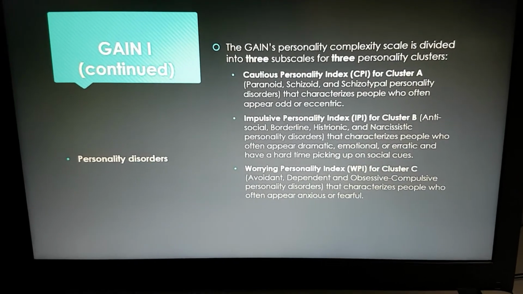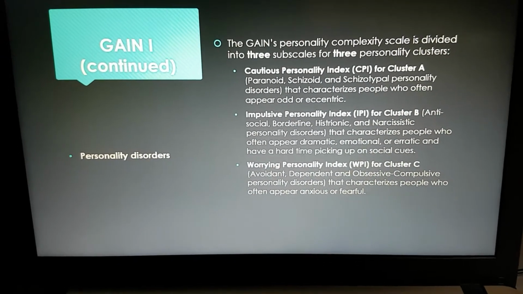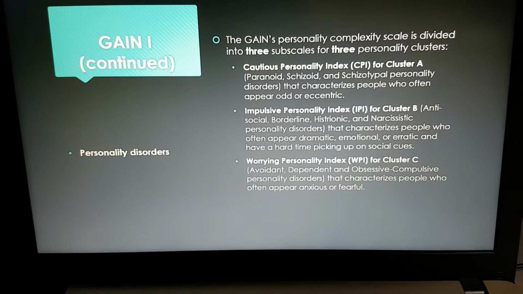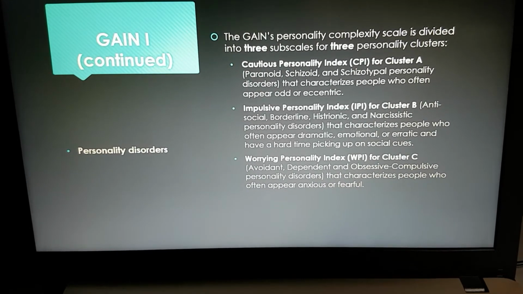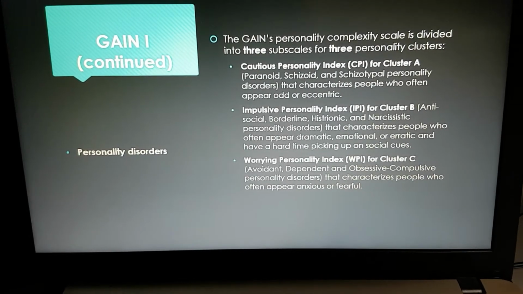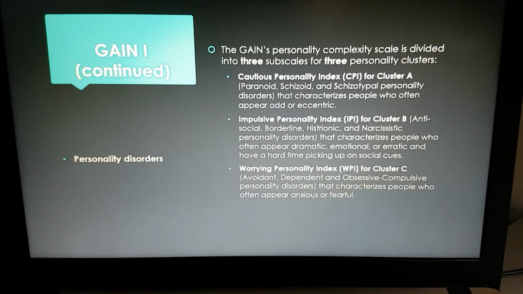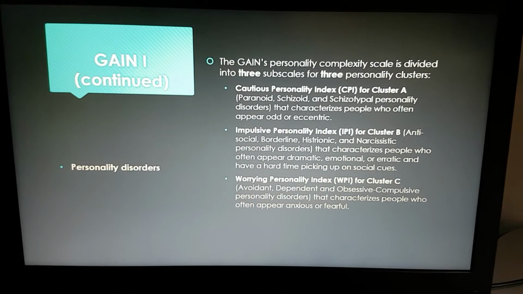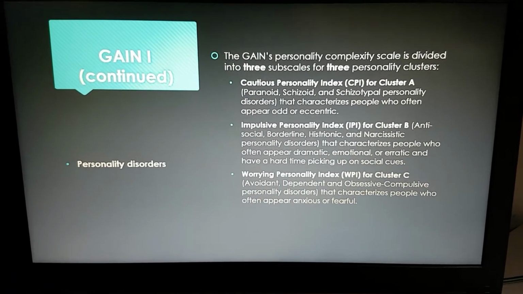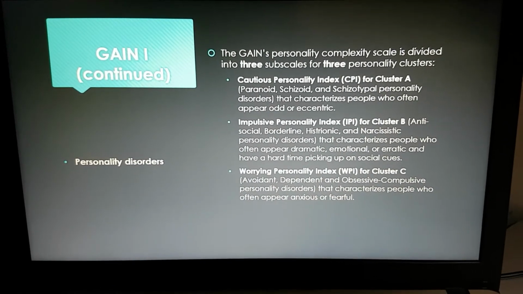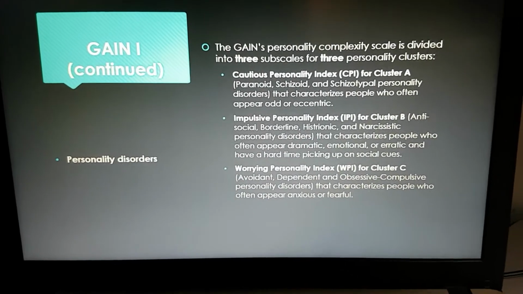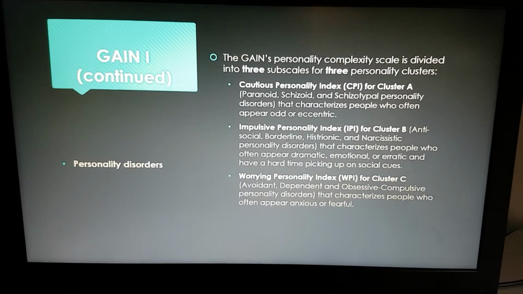Then there is the Impulsive Personality Index, which is cluster B: antisocial, borderline, histrionic, and narcissistic personality disorders that characterize people who often appear dramatic, emotional, or erratic and have a hard time picking up on social cues. And then there's the Worrying Personality Index, or cluster C, which would include avoidant, dependent, or obsessive compulsive personality disorders that characterize people who often appear anxious or fearful.